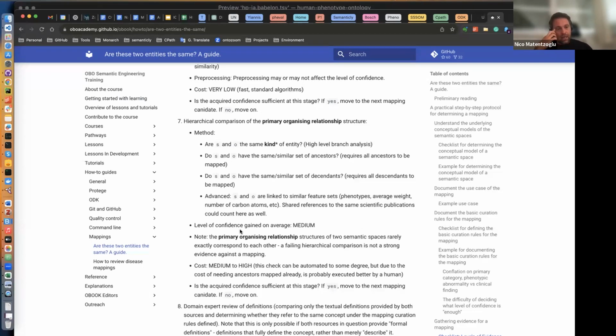So I recently started working a bit more with my mother, who is a clinician, and had her review lots of mappings, and you could see that, without being instructed otherwise, she would always take the hierarchical structure very seriously when she looks at ICD, when she looks at Mondo, because she doesn't know exactly how she should interpret, for example, two completely different primary organizing relationships, like ICD's taxonomic structure and Mondo's ISA structure and other kinds of structure.